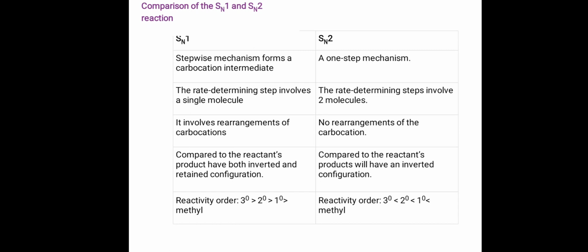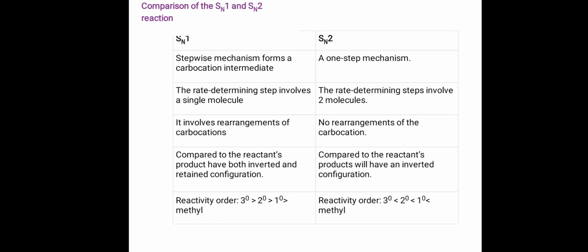But in the SN2 reaction, there is no carbocation, only a five-member transition state, and only the inverted product forms. The nucleophile attaches to the sp3 hybridized carbon atom on the backside of the leaving group and pushes out the leaving group. So the SN2 reaction proceeds with inversion of configuration.